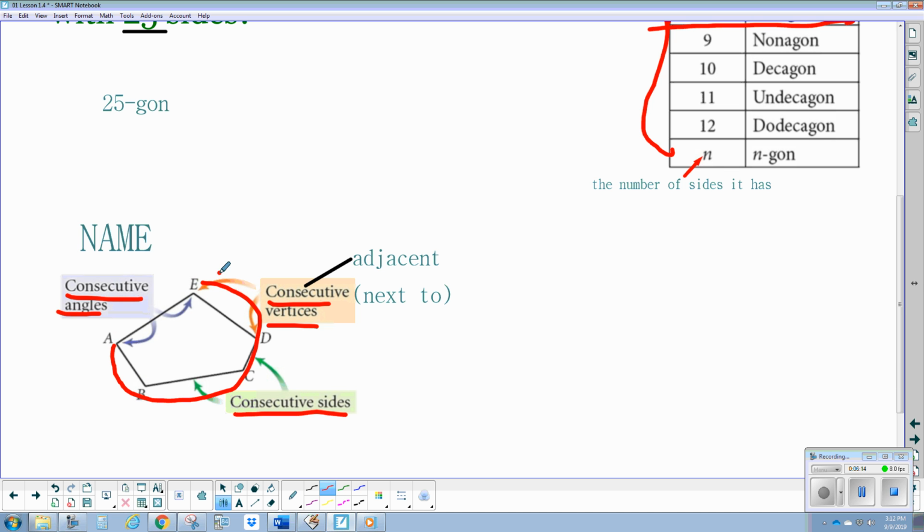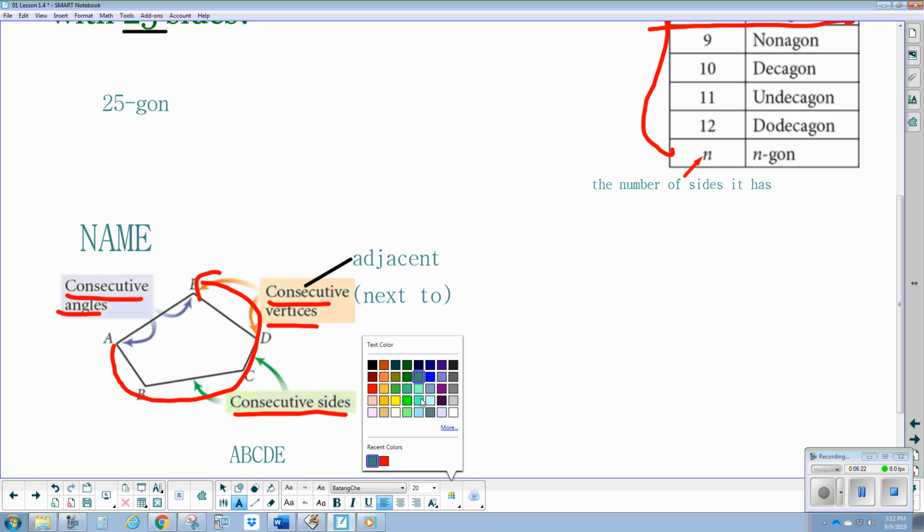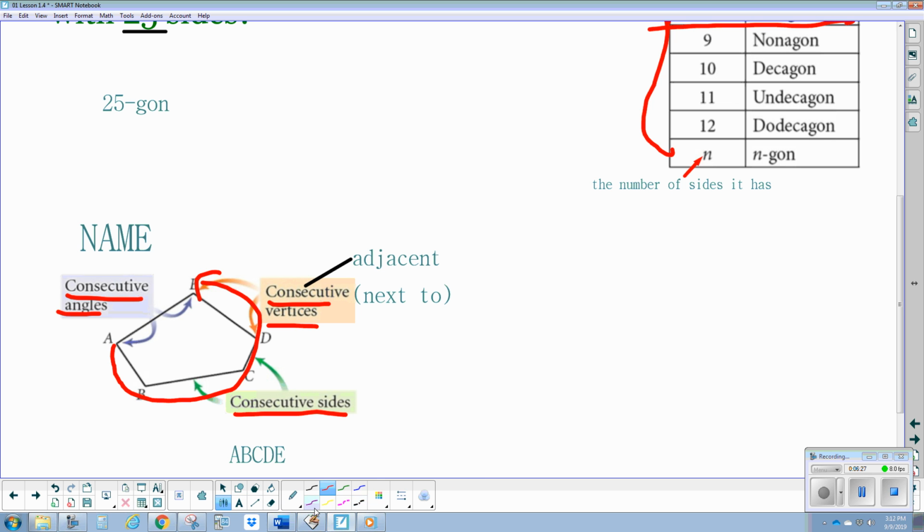In this case, we go counterclockwise to name this polygon A, B, C, D, E. We could also go clockwise this way. If we start at E and go clockwise, we could call it EDCBA. Make that capital, because when we talk about points, we use capital letters.